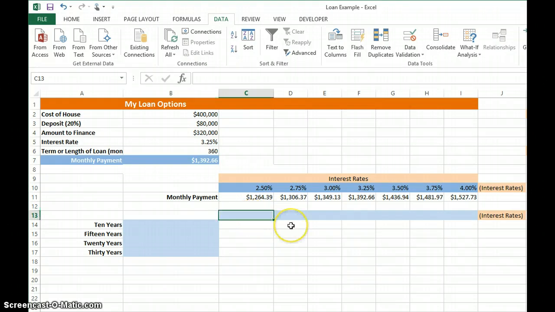So we can do the same as we did before, 2.5, and I'm putting the percentage sign in there. I'm going 4, and I'm putting the percentage sign in as well.